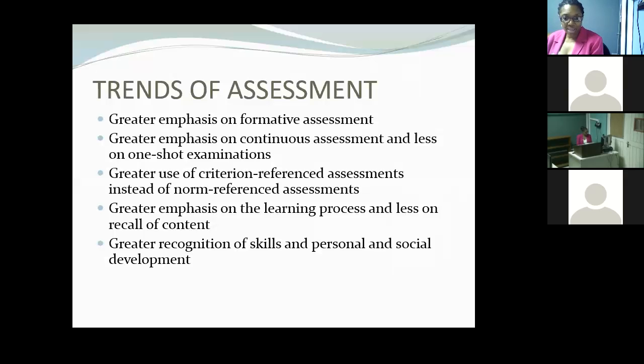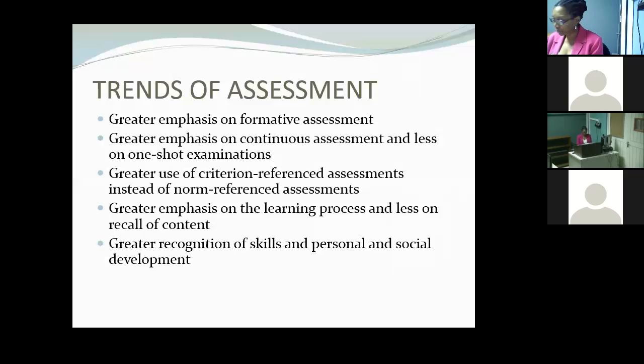However, the expectation is that it should be viewed as formative assessment. You got that? School-based assessment is primarily treated as continuous assessment. However, the expectation is that it should be treated as formative assessment.